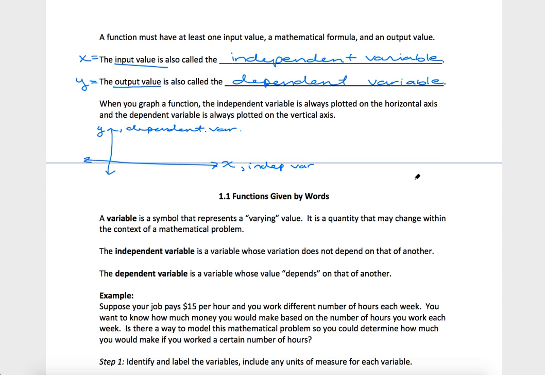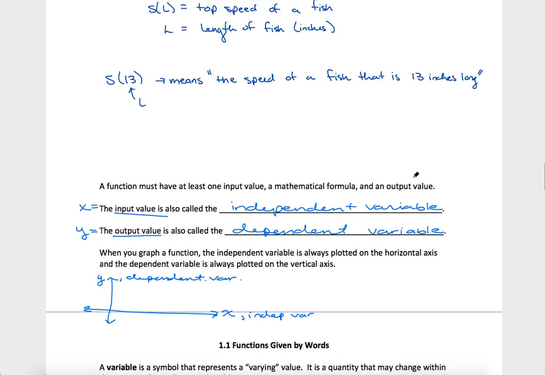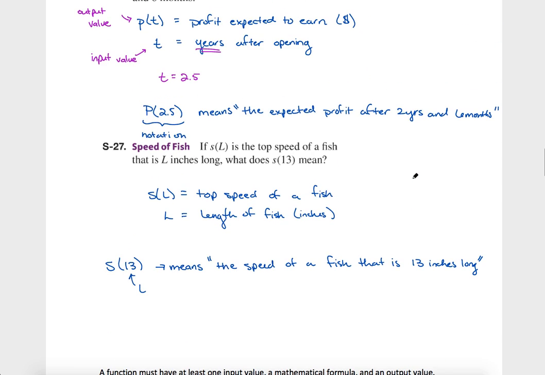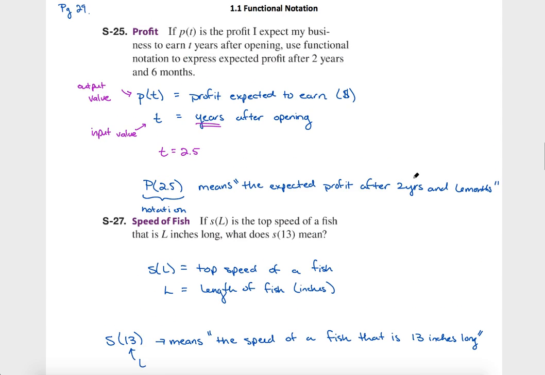Okay? All right, and this really makes sense. If we go back to the last two examples that we looked at when we were working with functional notation, okay? Remember this example about the profit that you make after T years of opening your business, okay? All right, the input value is T, and T is time. So time is years since you opened the business, right?